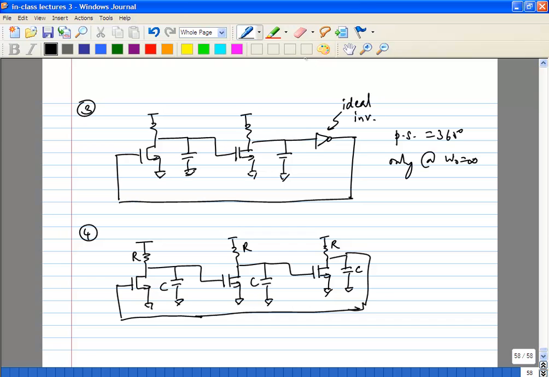How about this one? Will it oscillate? It could oscillate, definitely.